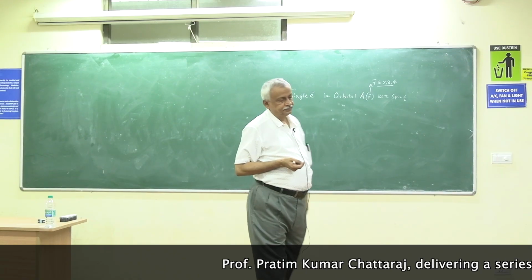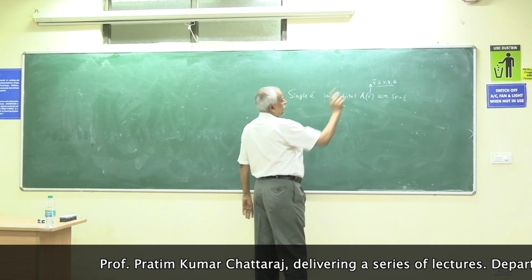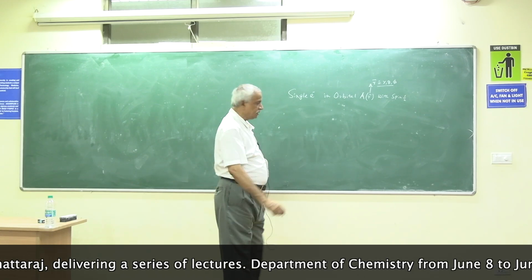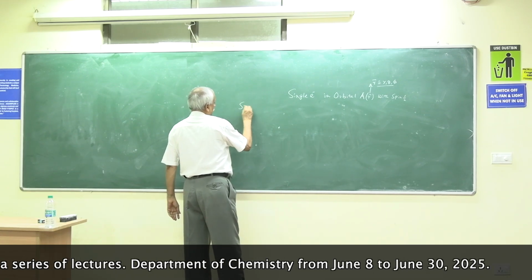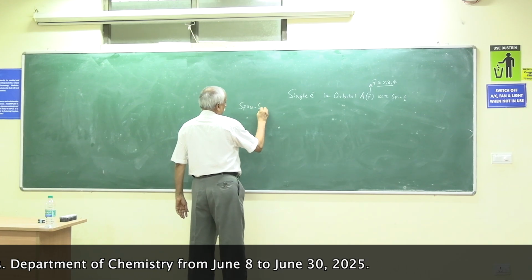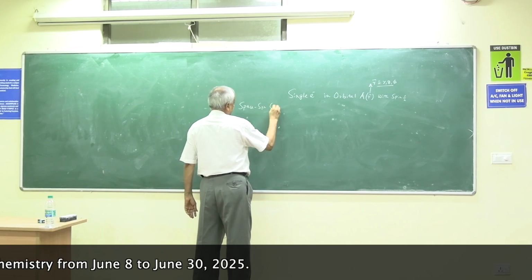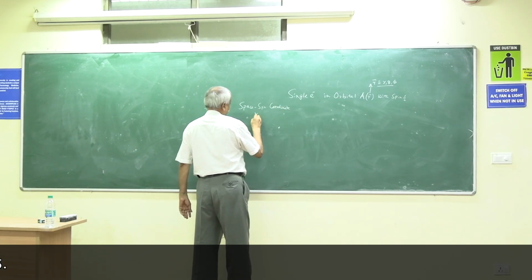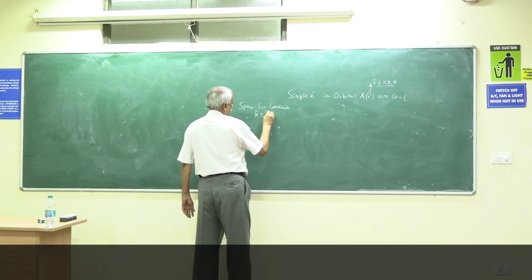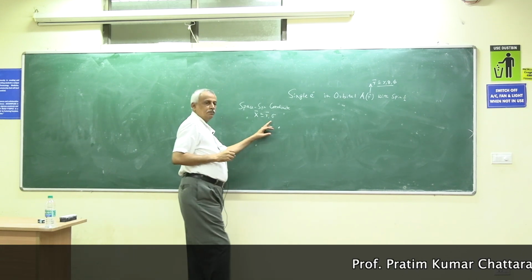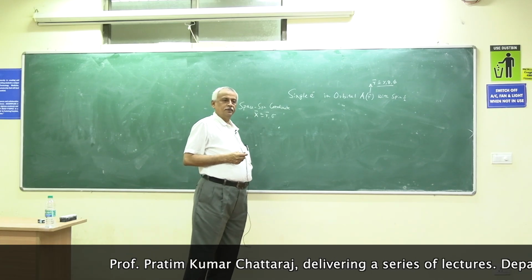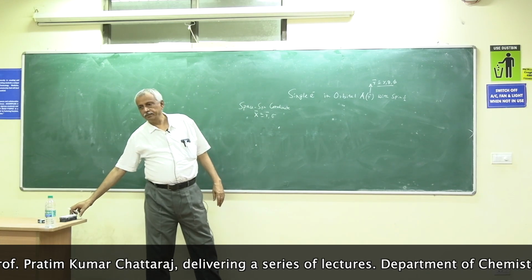Now, the corresponding probability density. In general, we talk about the space-spin coordinate x, and x is r comma sigma. Sigma is the spin coordinate and r is your r, theta, phi. So x is the space-spin coordinate, together we have this variable.